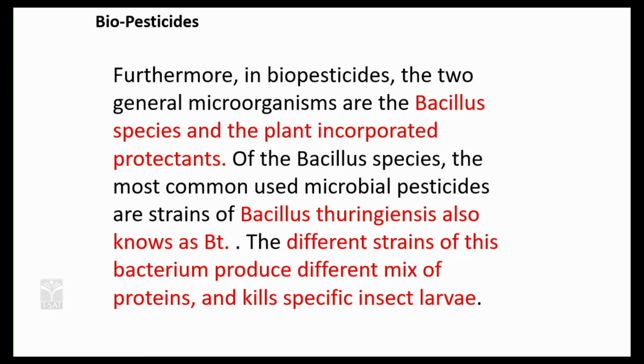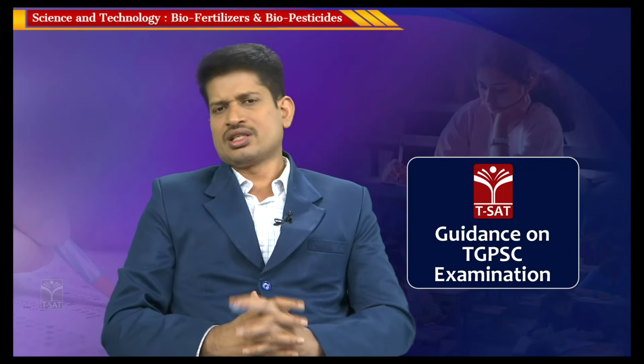Pest specific means they kill only the pest causing harm to the crop. Whereas, in the case of chemical pesticides synthesized in the factories, they are not pest specific. When you spray pesticides, it not only kills the pests like mosquitoes causing harm to the plant, it also kills spiders which do not cause harm to the plant, or the earthworms and microorganisms living in the soil when they are percolated into the soil.